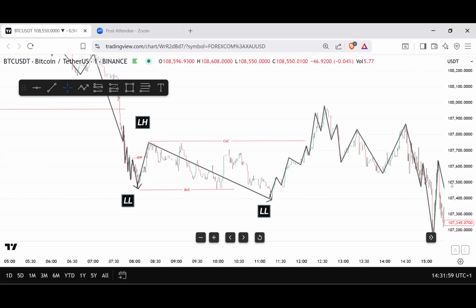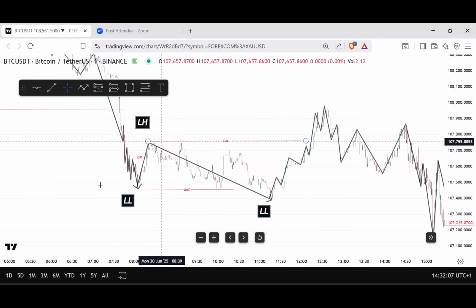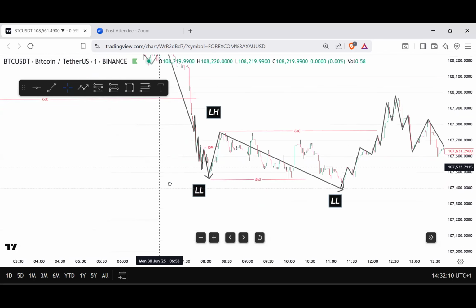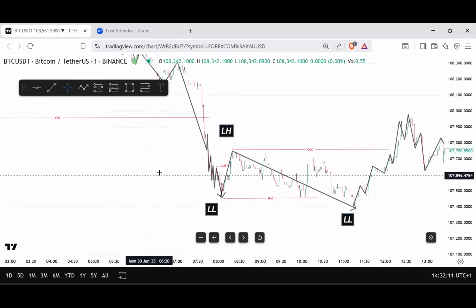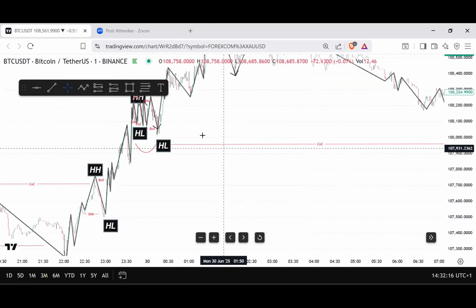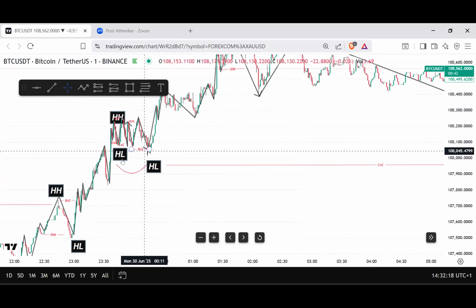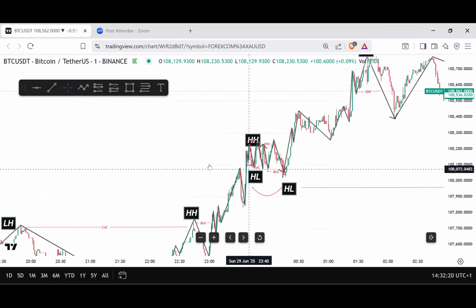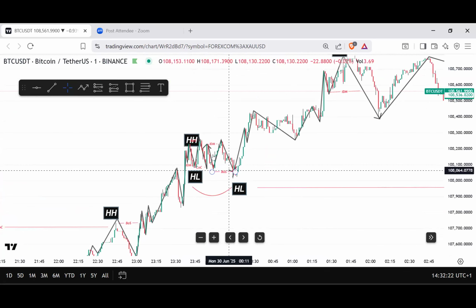Maybe if we are looking at the daily time frame now, it might take us months before we'll see uptrend, downtrend, change of character, this kind of change of character plus BOS that quickly.